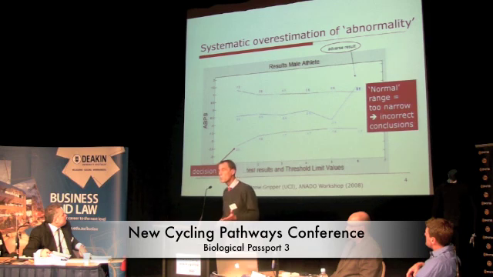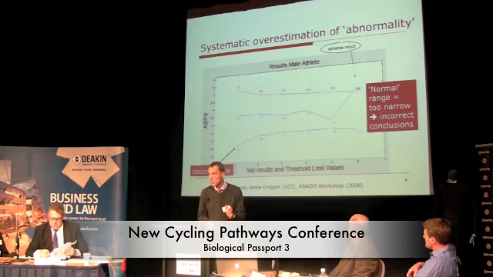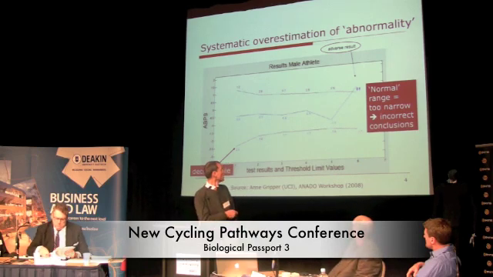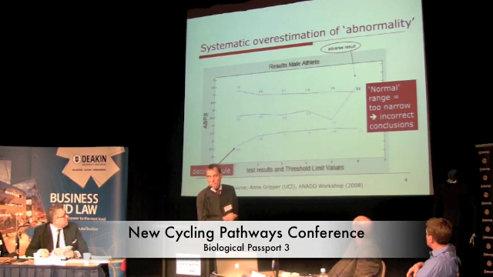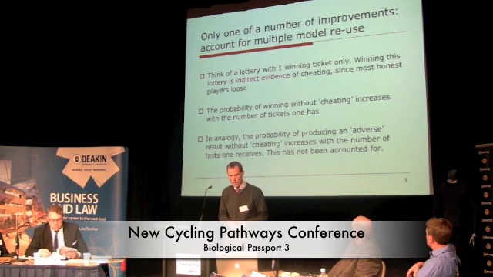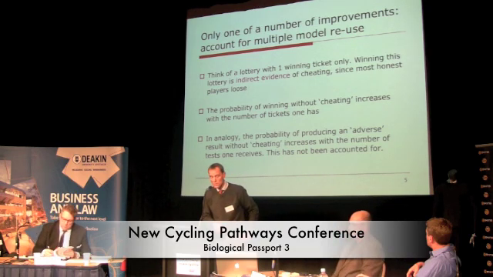One of the points I would like to make is that there's a systematic overestimation of abnormality. This range is too narrow, which means that in this particular case, if you calculate it correctly, this would not be an adverse result. One of the improvements that you can think of is to account for multiple model reuse.